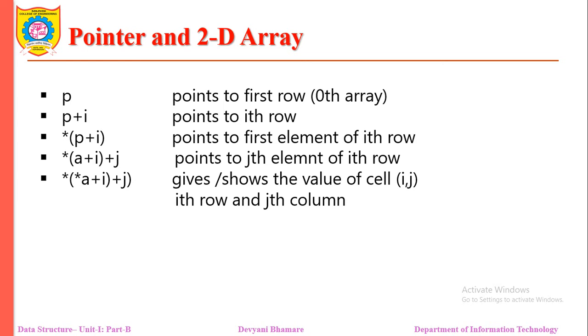But when we say value at value at p plus i plus j, what does it mean? It indicates that we are pointing to the jth element of that ith row, and we add one more asterisk over here. This indicates that we are getting that particular element, that is cell ij.